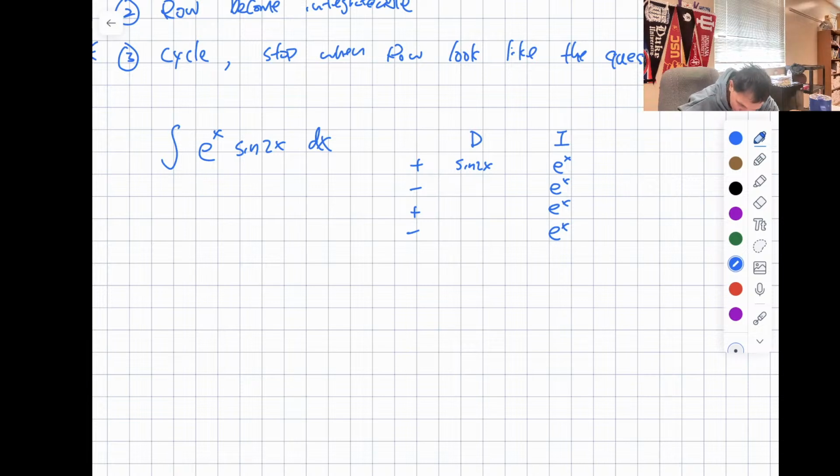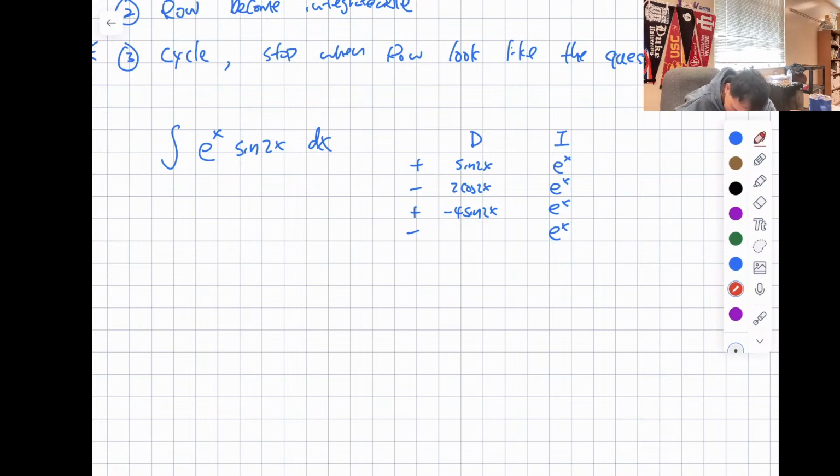What's the derivative of sine 2x? 2 cosine 2x. And what's the derivative of this? Negative 4 sine 2x. Okay. Do you want this to be squared or no? No. Okay. So I'm going to stop right here.